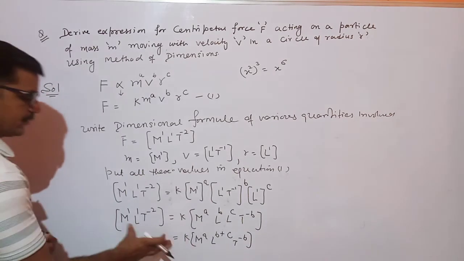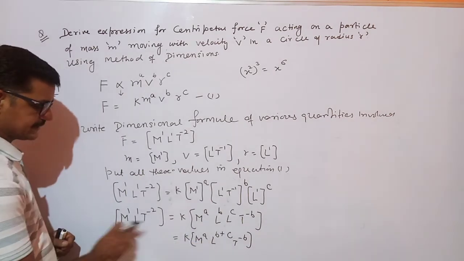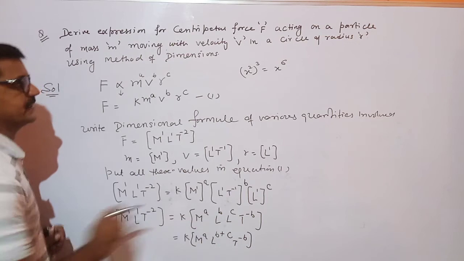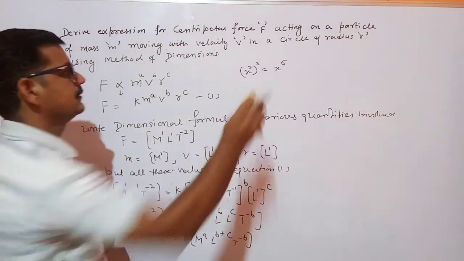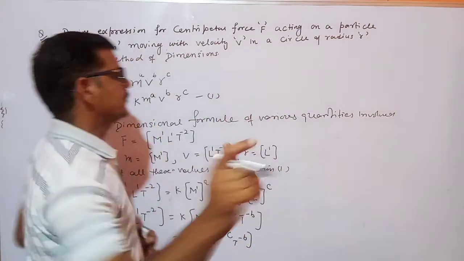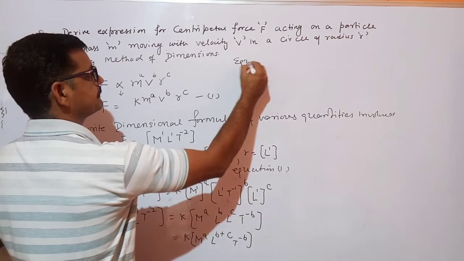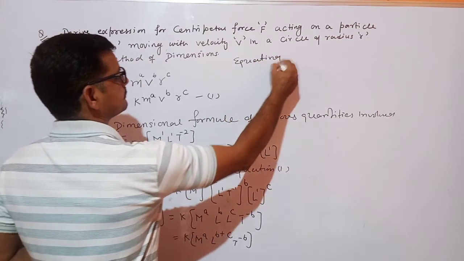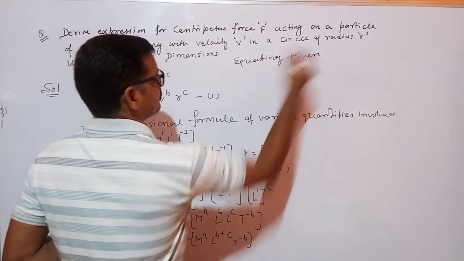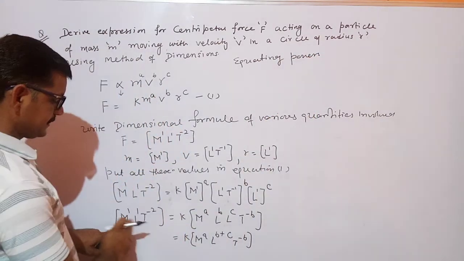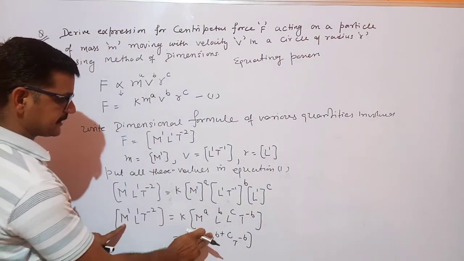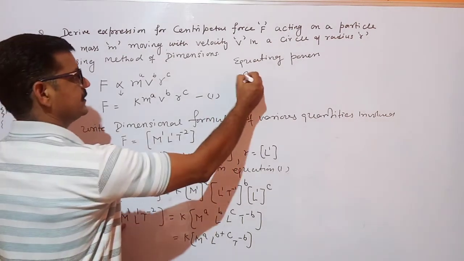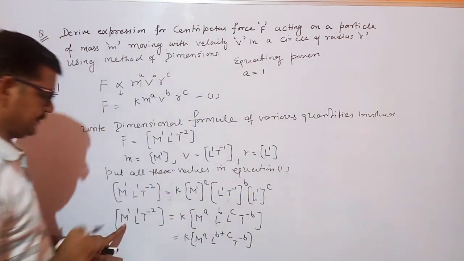Now we have to equate the powers of mass, length and time on both sides. So equating powers, what will we get? Here it is m power 1, here it is m power a. So from here a equal to 1.